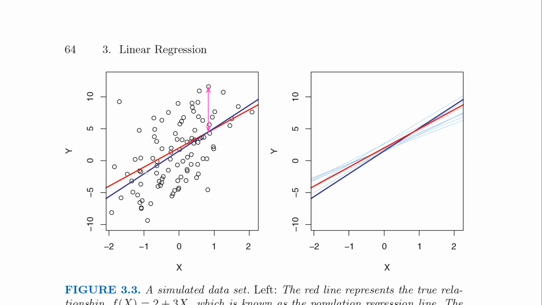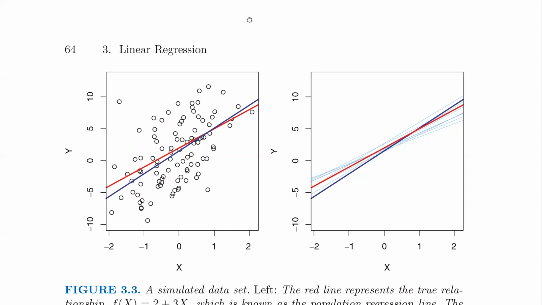Epsilon is what's driving these differences between the red line and the actual observation. These differences come about because we are not capturing 100% of reality. Instead, we are using a model. A model, by definition, is a simplification of reality.